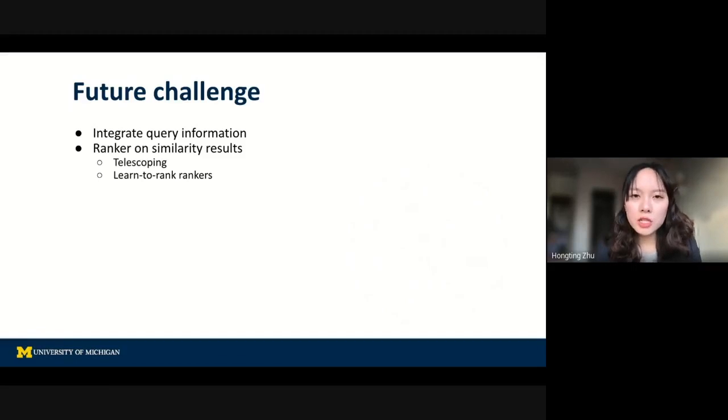As for future challenges, this is also what I would love to do if I had the time. We did explore a little bit of a query-dependent method, where for the similarity results, we trained and applied another ranker after we had the similarity results, to make them better and more closely related to the query that the user input. But I believe there can be other ways to integrate query information in our similarity results as well.